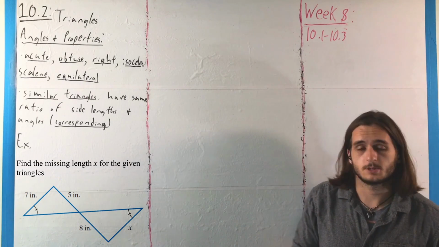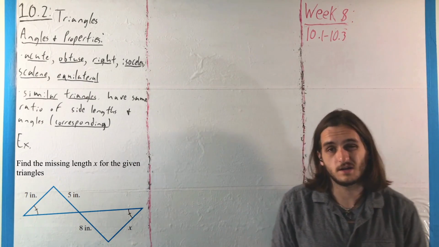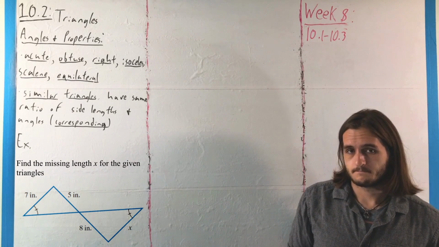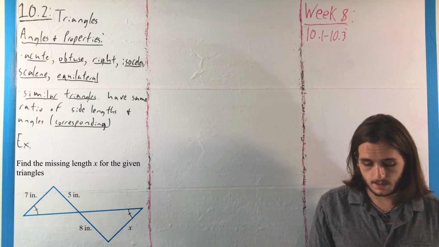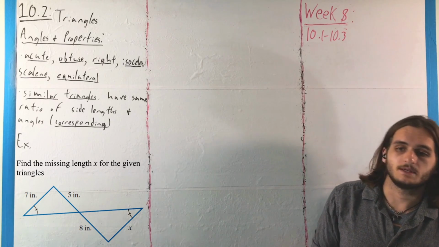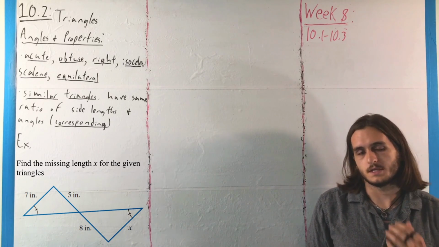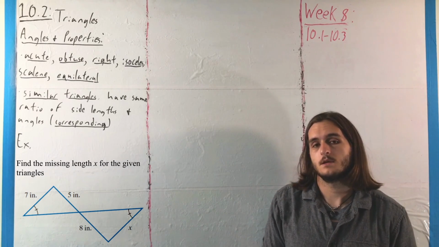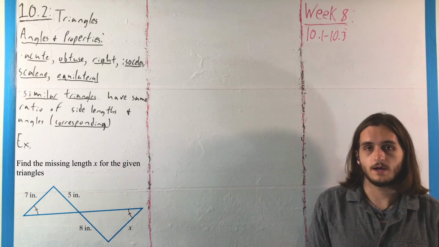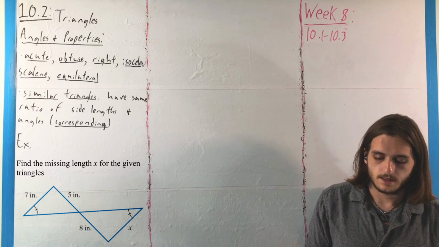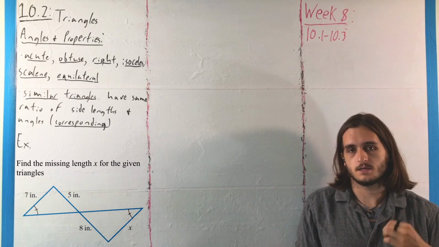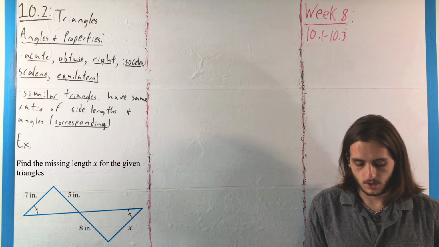So without any consideration for what those measurements actually are, because we don't actually care, they have to be the same. Because we have the same angles in corresponding locations, these are going to be similar triangles, which means that we will have consistent ratios between side lengths in the same relative location.